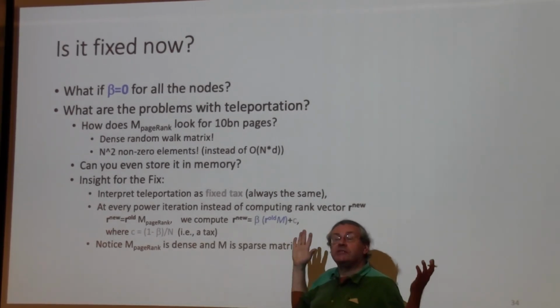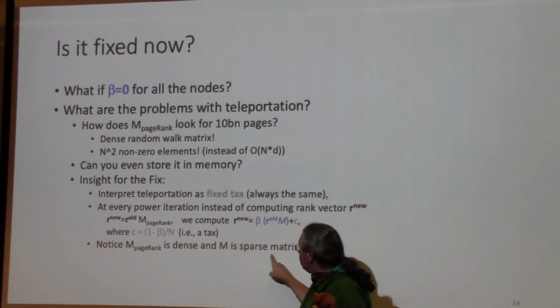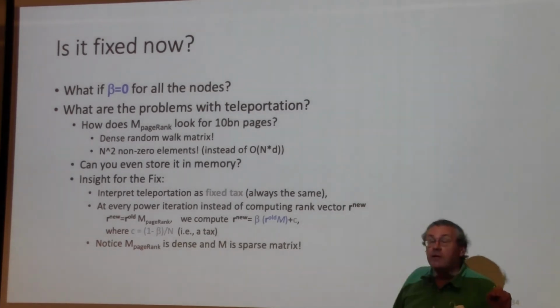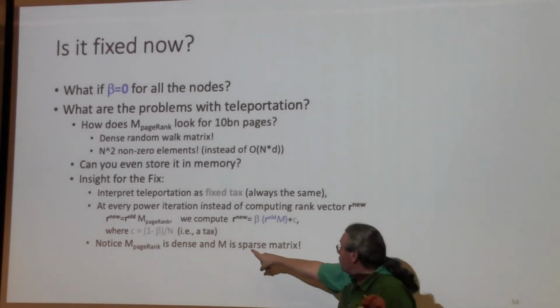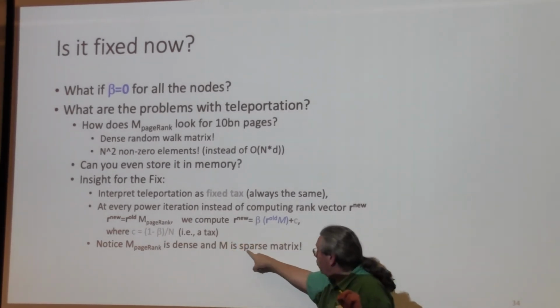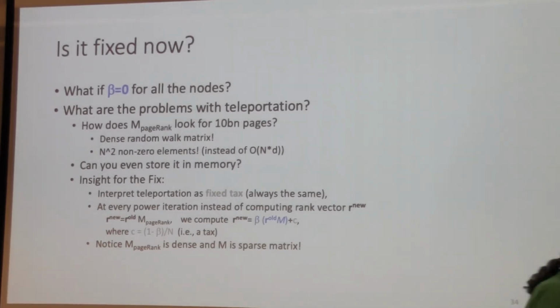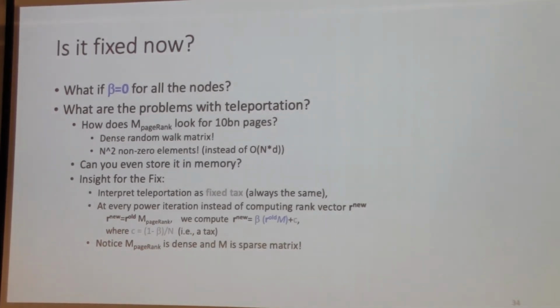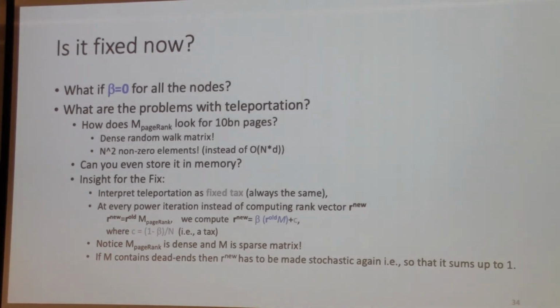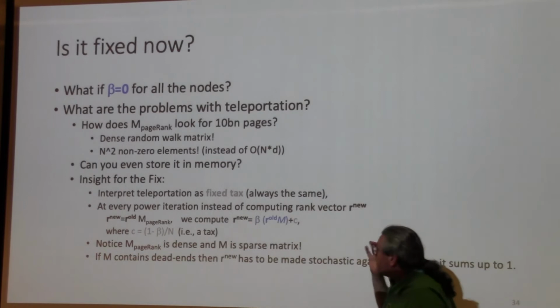Usually when the matrices get very big, you try to use sparse matrix computation because you have algorithms that only take memory proportional to the non-zero elements. So M is just a small number times 10 billion. Of course, you have to be a little bit careful.